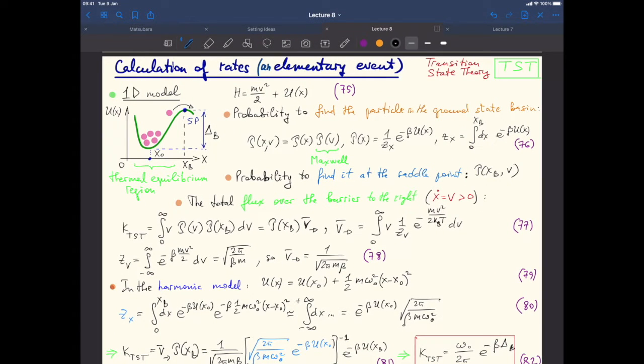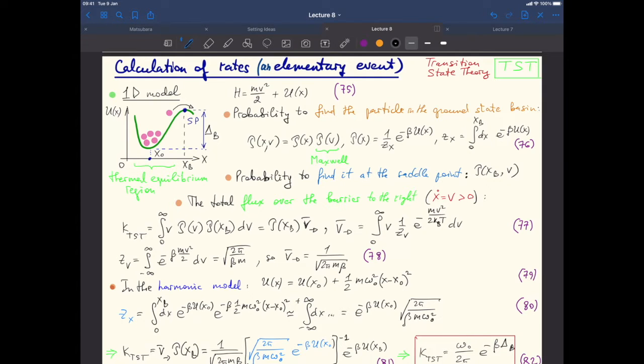So now we shall derive an expression for the transition rate between two potential energy minima. We shall do it here for a one-dimensional model. This is a very simple model, but this will allow us to see the most important features of that derivation, and we shall also see how the rate depends on the potential energy barrier and the curvature of the potential energy surface near the minimum.